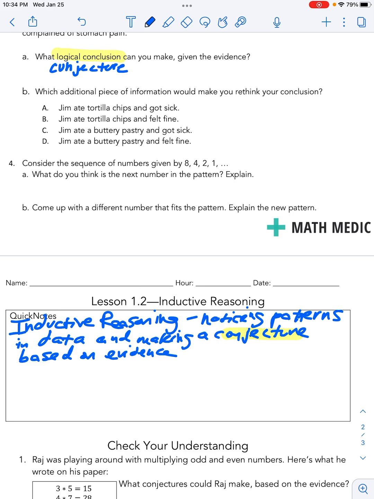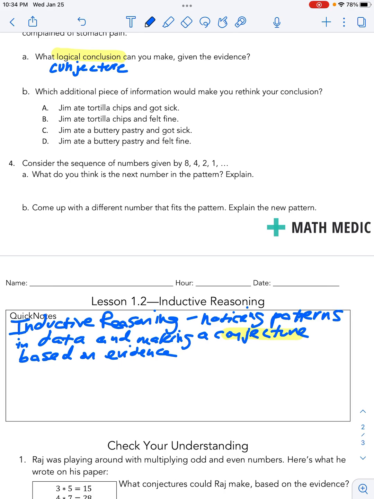So in order to have ourselves a conclusion, kind of come to the very end of this situation based off the evidence, that logical conclusion is a phrasing that we would see that would be a way to highlight having a conjecture.